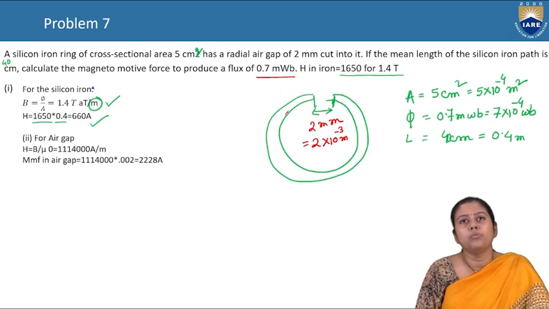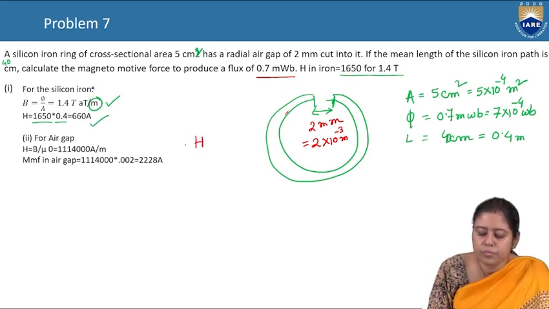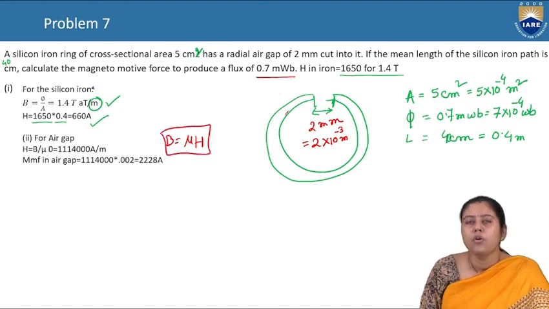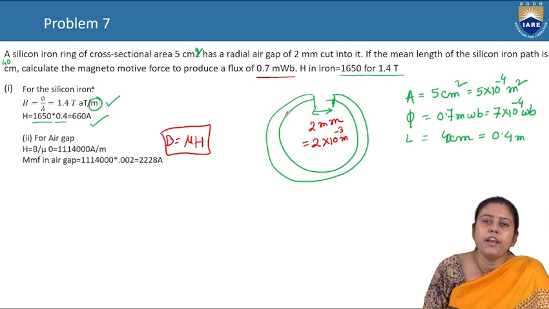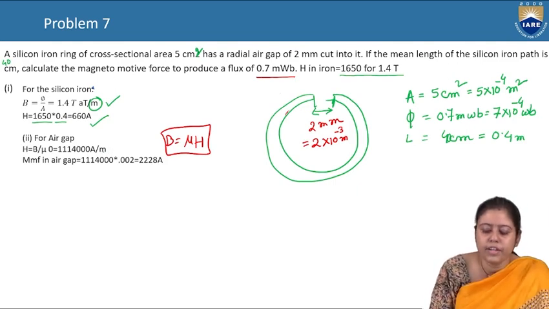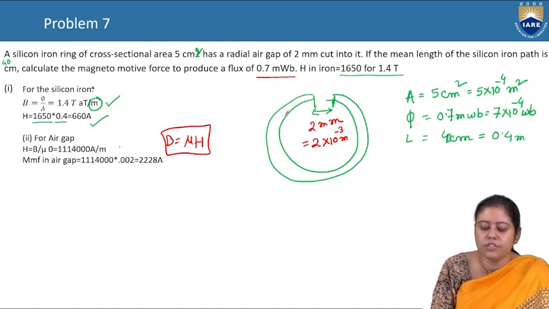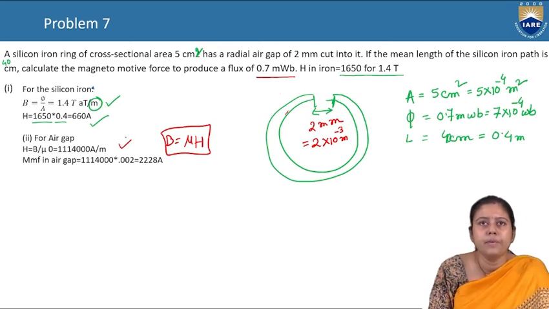We are using the formula B is equal to mu H. Mu naught value is 4 pi into 10 to the power minus 7. So putting the value, we got H equal to 1.11 into 10 to the power 6 ampere per meter.